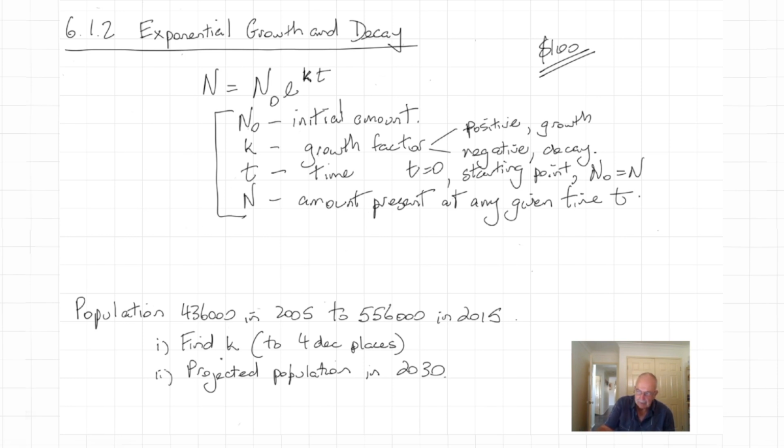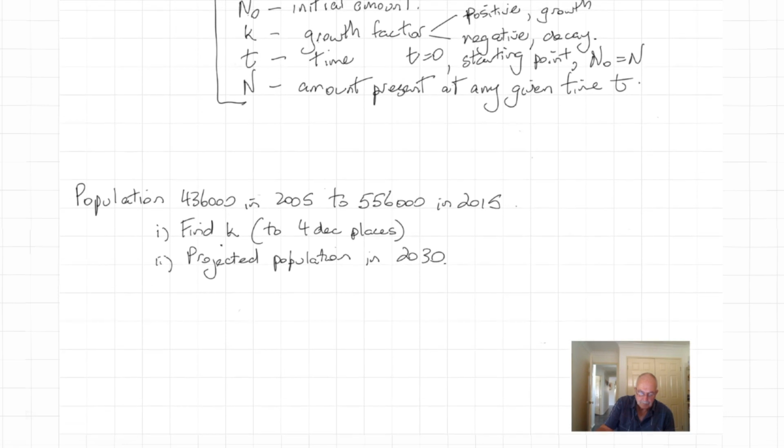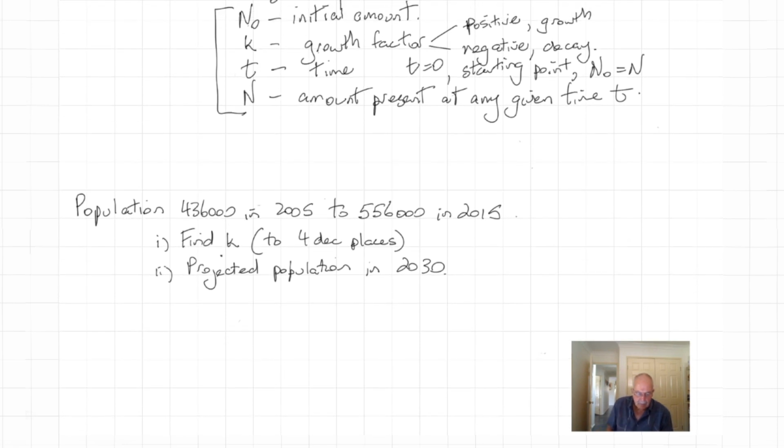So let's have a look at an example. We've got a population of 436,000 people in 2005, and it grows to 556,000 in 2015. Find K. So we're going to work with the exponential model. Because it's population, we might write P equals P0 e to the kt.